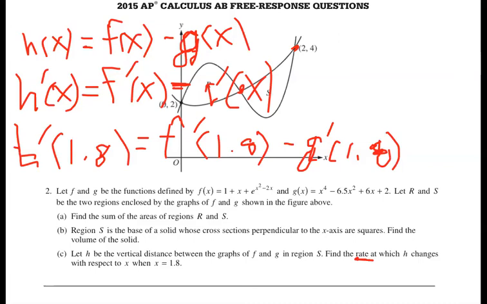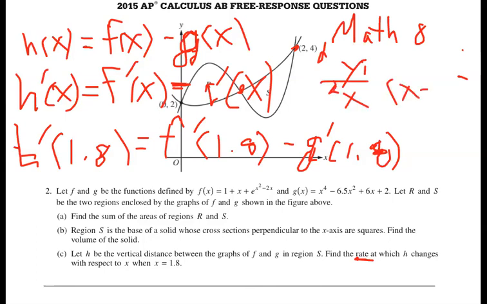Now, the way you're going to do that is on your calculator, you're going to hit math, then the derivative option, then Y bars, and then you're going to plug in 1.8. You're going to plug in that x equals 1.8 at the bottom.